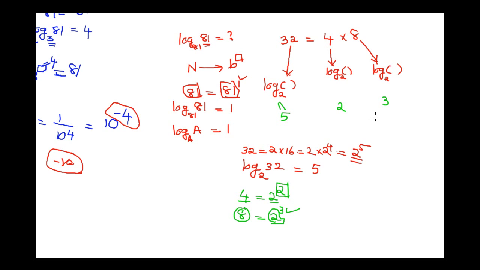Now what is the relationship between these two? Yeah, the relationship is 5 equals 2 plus 3. This means that logarithm of 32 is equal to logarithm of 4 plus logarithm of 8.